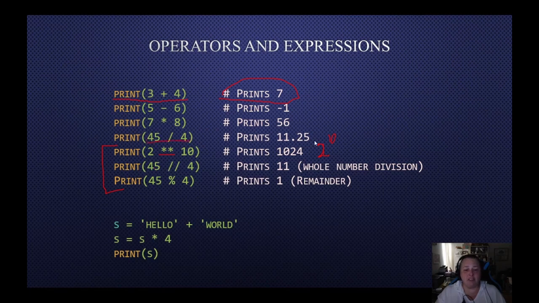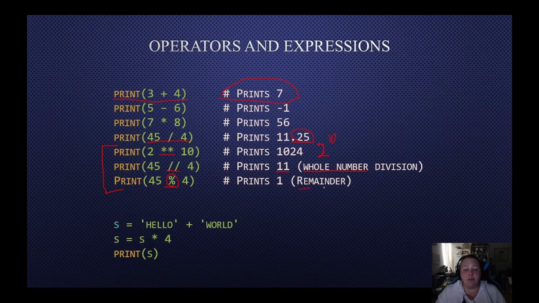This type of division is going to give you the decimal place, okay? A double slash is going to give you the whole number only. So 45 divided by 4, technically, if you look at it in decimal form, it is 11.25. But if I give it a double slash, it's going to give me the 11, the whole number portion of the answer only. Now, in order to get the remainder, you use a percent sign.